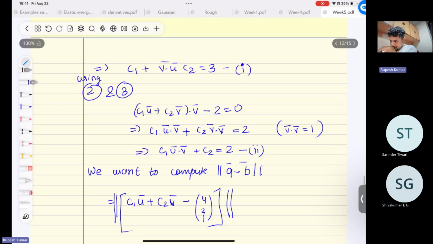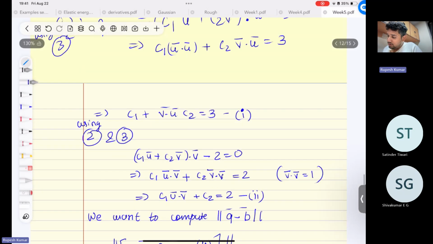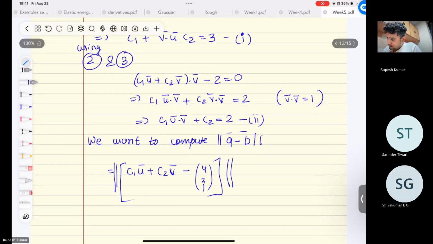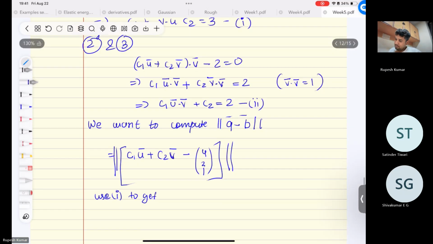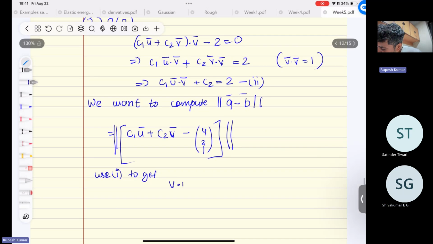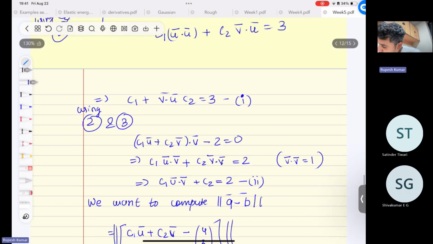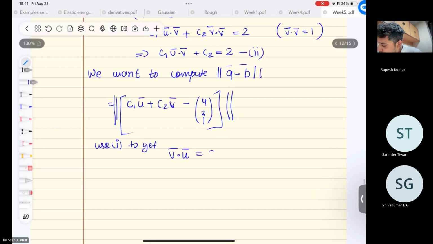Okay, now what we can do is just take the value of v dot u from equation I. So use I to get v dot u equals 3 minus c1 by c2.